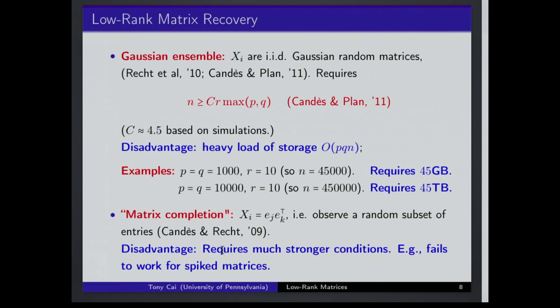For example, you will never be able to recover, say, a spiked matrix, a matrix with, in the extreme case, just one non-zero and the rest all 0. If you simply sample the entries, then with high probability you are not going to see that non-zero one, and you will never be able to infer its value from all other 0 observed values.